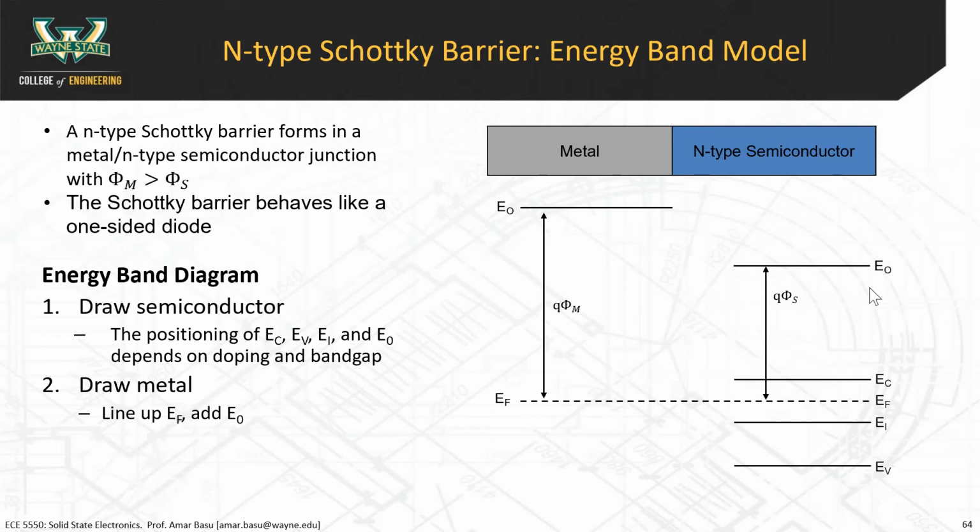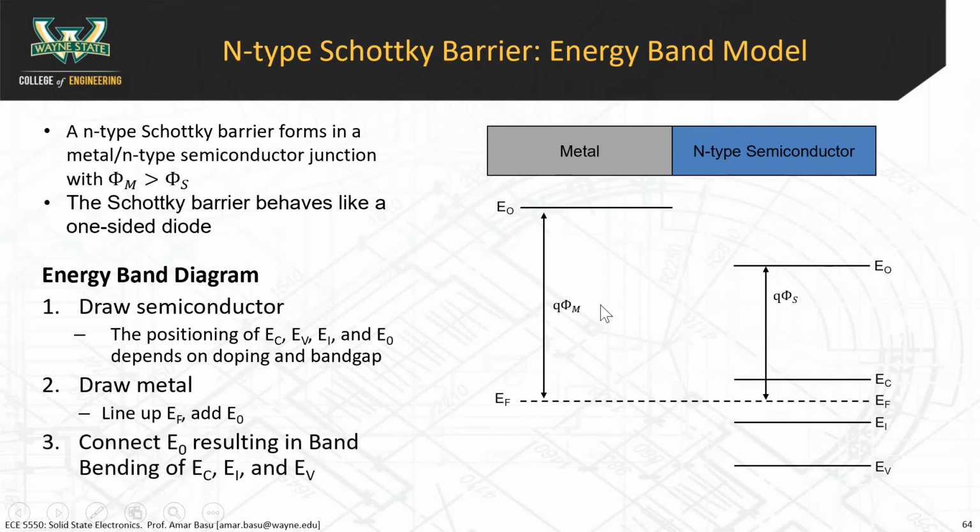All right, so when you connect these two, this is what it ends up looking like. You start here, and then you draw a line like this connecting up to the top, so the two E0s connect with one another.